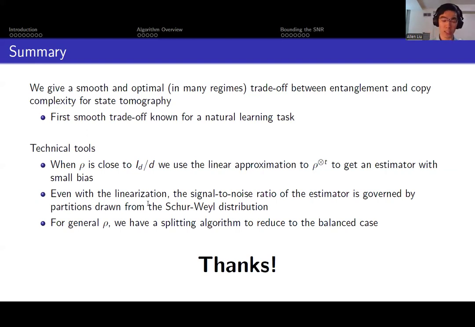However, even with the linearization, we still need some representation theory and an understanding of these distributions over partitions drawn from the Schur-Weil distribution to bound the signal to noise ratio of our estimator. And finally, for general states rho, we give a splitting algorithm to reduce to the balanced case.